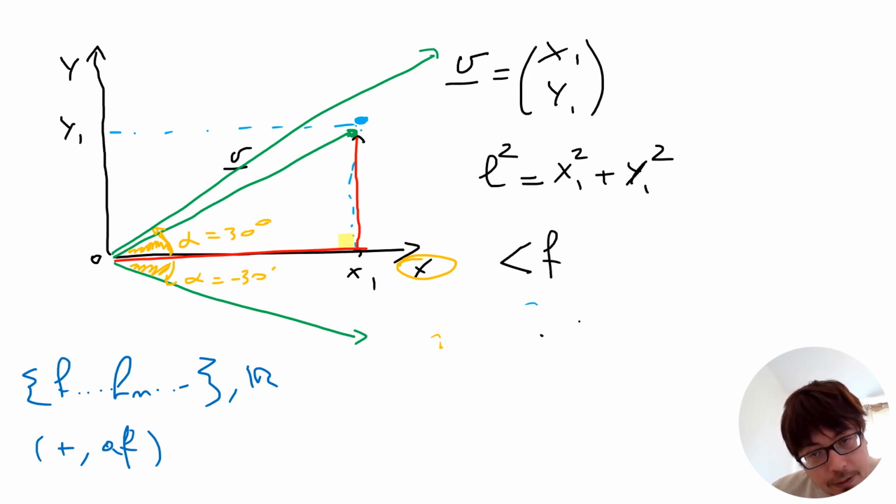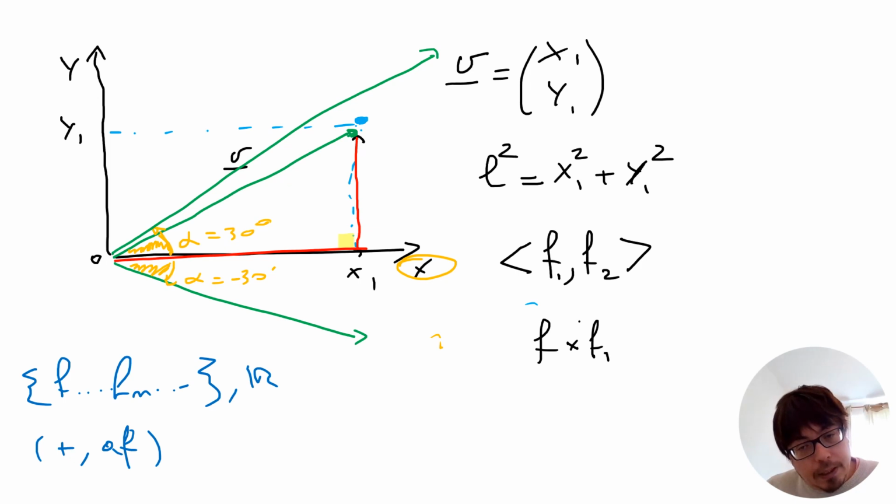So let's use these weird brackets. Okay, they're pointy brackets. These are two vectors, and I want to define this as, if you think about it, just a different notation for vector times vector.